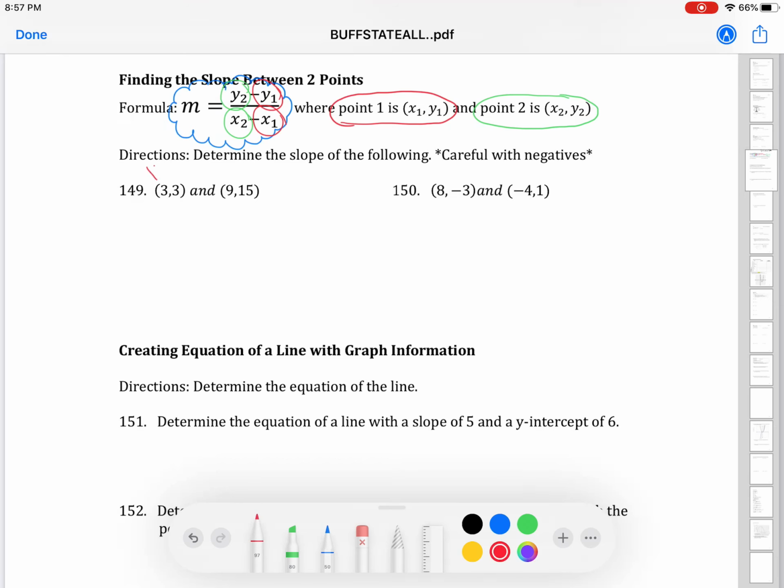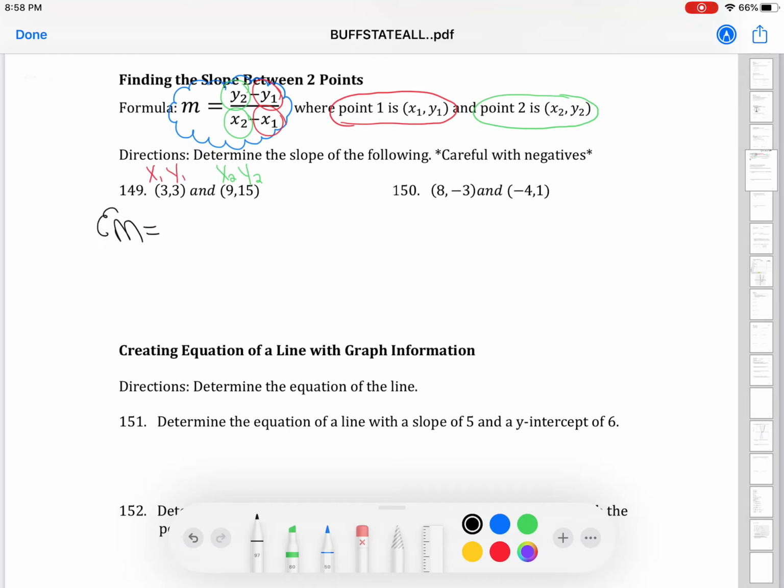For 149, what I'm going to start doing is labeling as x1, y1, and x2, y2. It doesn't matter if you flip-flop them, making this x1, y1 and this x2, y2. That does not matter at all. It's entirely up to you which one you choose.